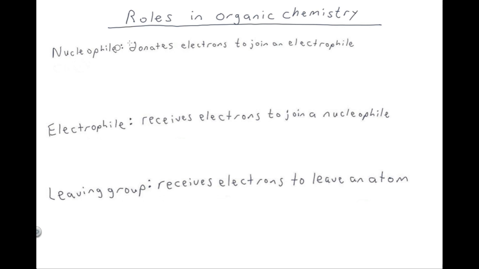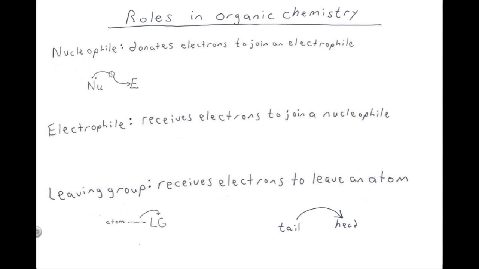Now, the reason we identify these roles is so that we can draw electron-pushing arrows. So next question, how would you draw the electron-pushing arrows for a nucleophile, for an electrophile, and for a leaving group? Well, remember that electron-pushing arrows show the movement of electrons.